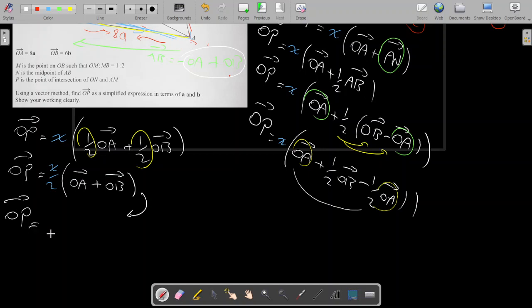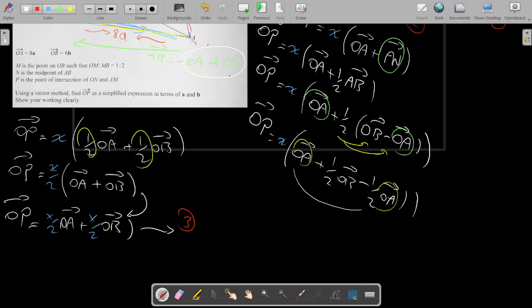So this form is going to be equal to x over 2 multiplied in OA vector plus x over 2 multiplied in OB vector. And this is going to be equation number 3, because these are very important equations.